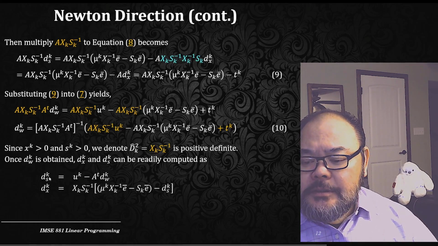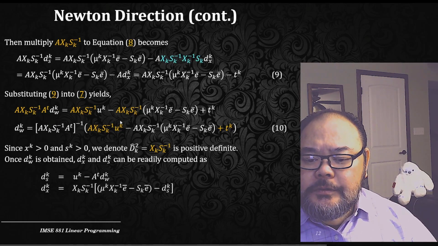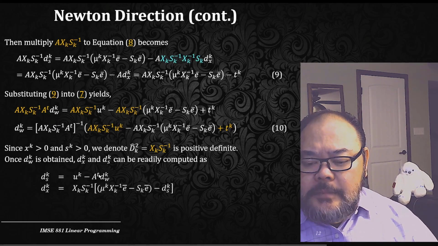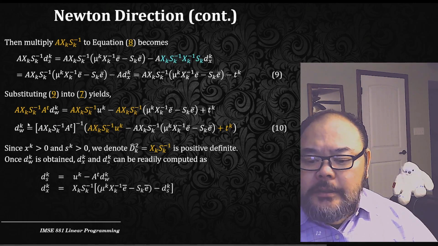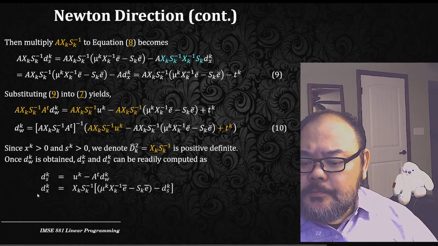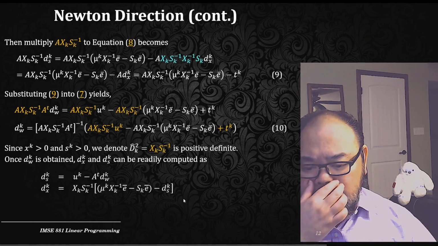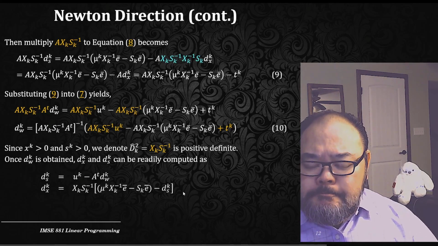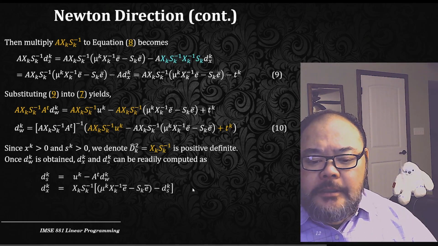So we can easily calculate the direction of the dual slack equal to mu k, which is this part, minus A transpose times d omega. d omega can be calculated here. Also, the direction for the primal variable x can be calculated in this way. All right, fairly straightforward. After we have dsk, we can calculate dxk.